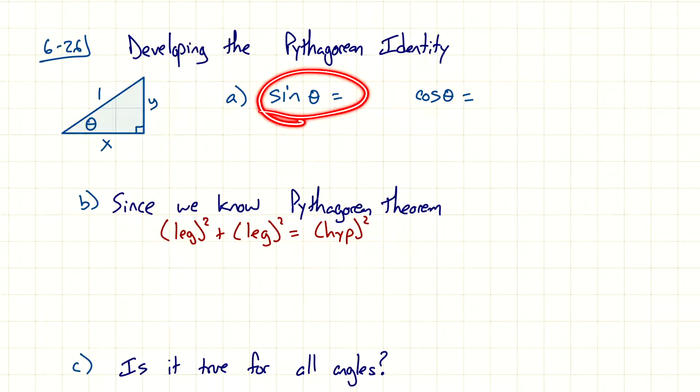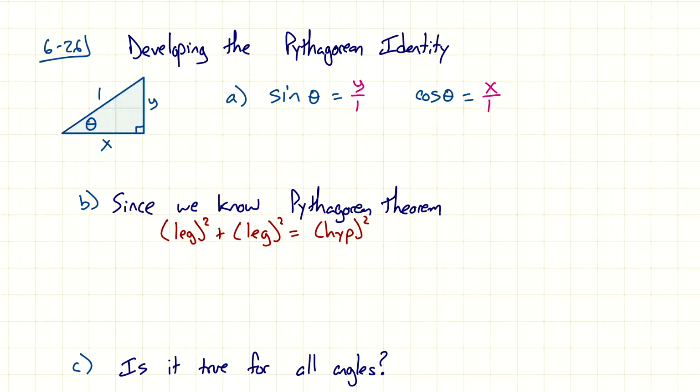If I want to know what sine of theta is in this specific triangle, sine is opposite over hypotenuse, so that's y over 1. And cosine of theta is adjacent over hypotenuse, so this is x over 1.